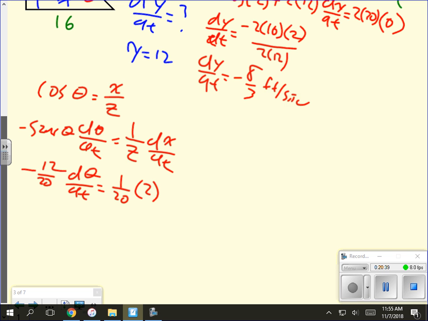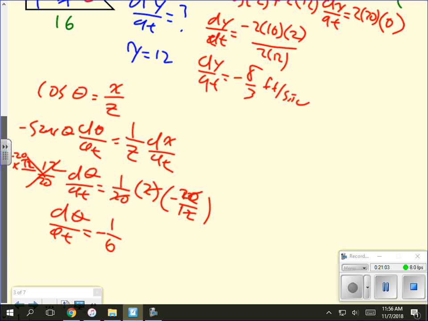Multiply both sides by negative 20 over 12, sorry, my bad. Those cancel. So d theta dt is equal to, well, here the 20s cancel, and the 2 and the 12 reduce. Negative 1/6.